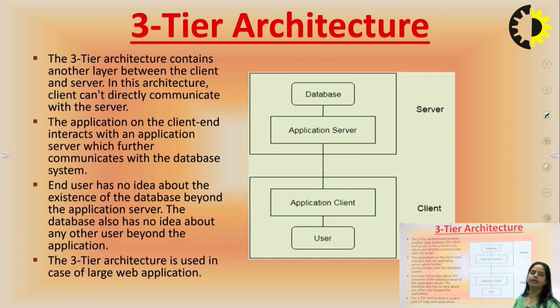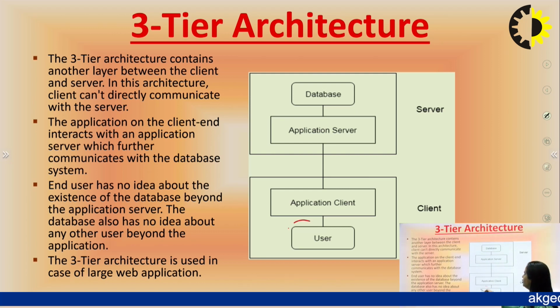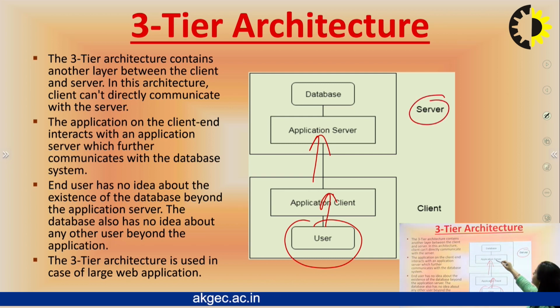Next is three-tier architecture. What do we do in three-tier architecture? The user interacts with the application interface on the client side, and this further communicates with the application interface of the server, and this server further interacts with the physical database. So this is known as three-tier architecture.